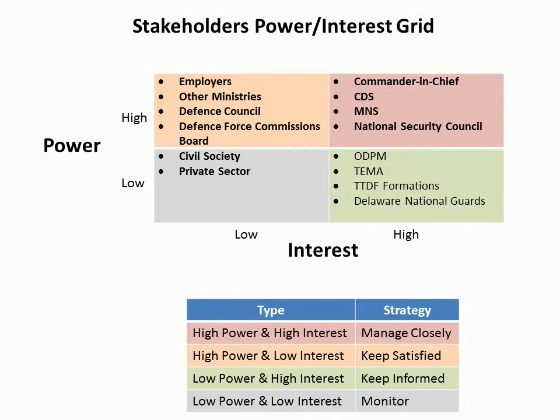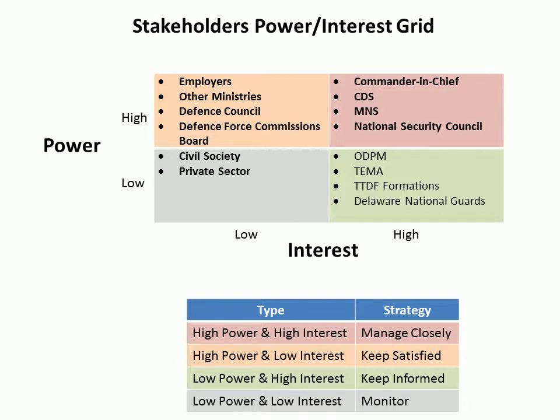Chief of Defense Staff, Minister of National Security, and the National Security Council. So when we listed who these stakeholders are, we indicated where we believe those stakeholders may be from a strategic planning standpoint.